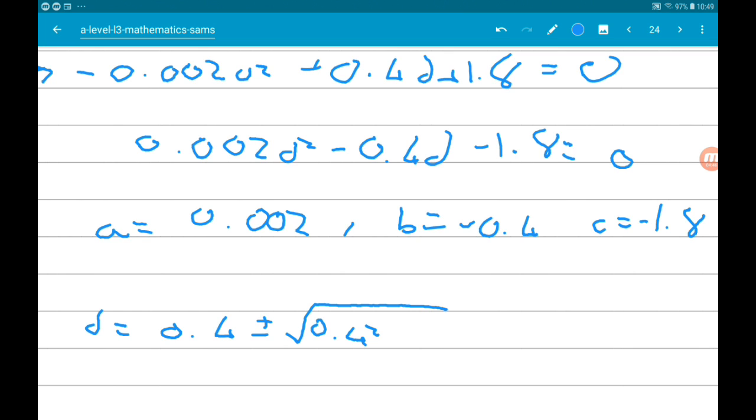And then minus 4 times 0.002 times minus 1.8.